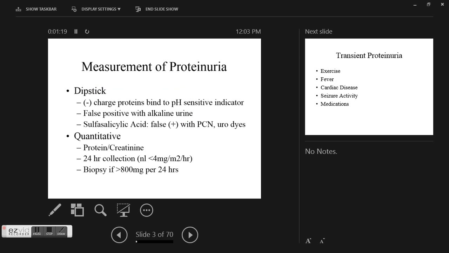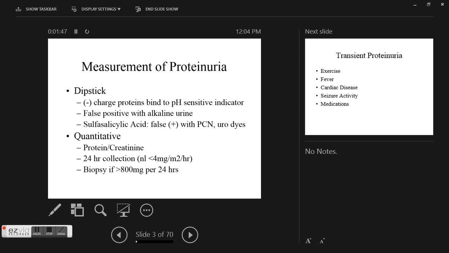You guys are very familiar with the dipstick test, where you literally have negative charge proteins that bind to a pH sensitive indicator. The big thing to remember about the dipstick is the most common cause for a false positive is actually alkaline urine. And that has shown up on the boards. They will give you a scenario, and what I usually recommend is just look at that pH, because otherwise in clinical practice you really don't look at pH too often, right?